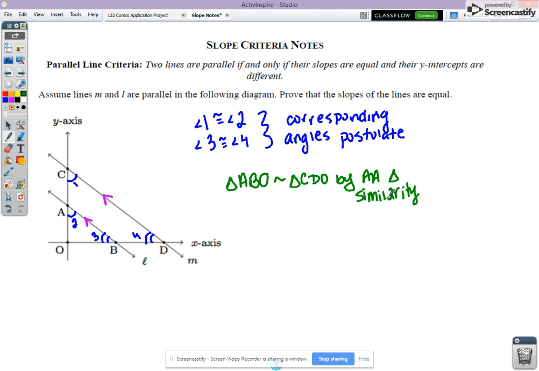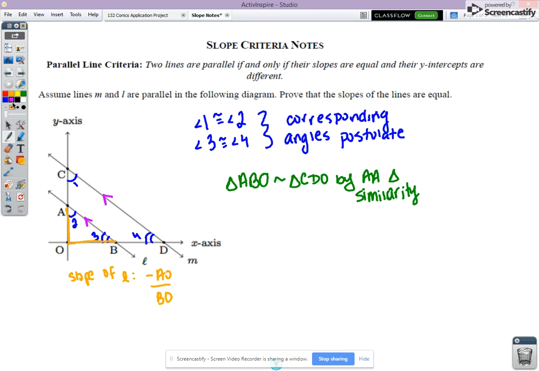Just before we get into why triangle similarity works, I want to take you back to what slope actually is. Slope is a ratio of rise over run, or change in y over change in x. So let's think about what the slope of line L would be. My rise is going down this length, down AO, and then to the right, BO. So the slope of line L is negative AO over BO.